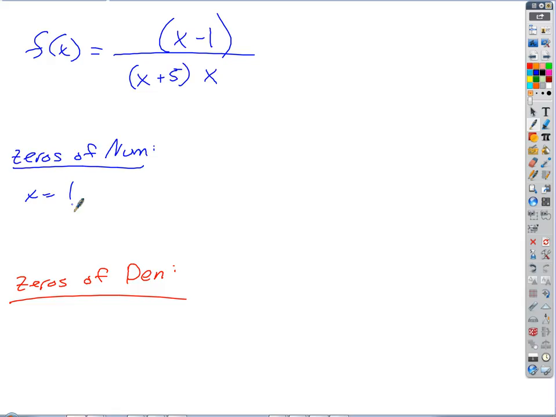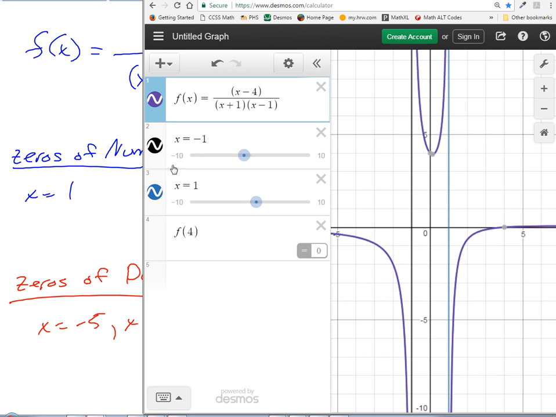What about the denominator? X equals -5, or what about that one? 0. Yeah, if I plug in x equals 0, it makes that factor 0, right? Okay, so we should have 2 vertical asymptotes and 1 x-intercept, right? No big surprise.